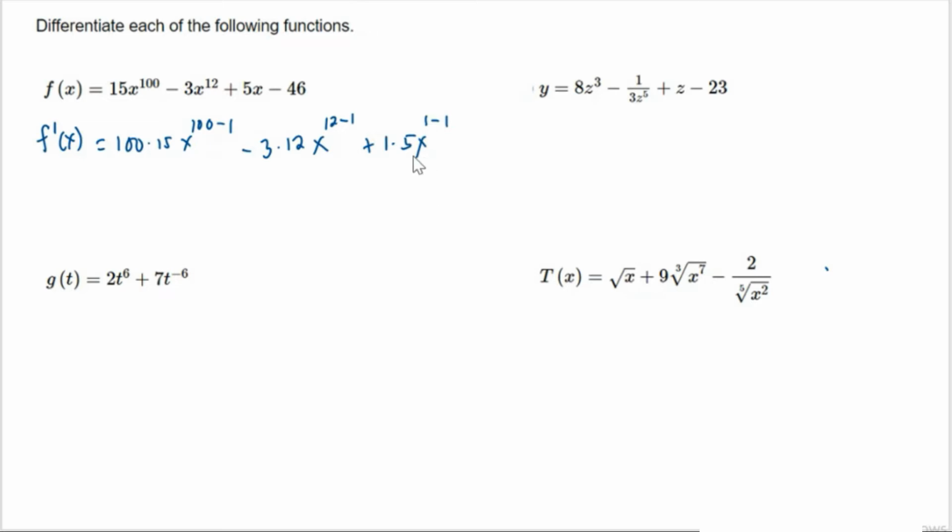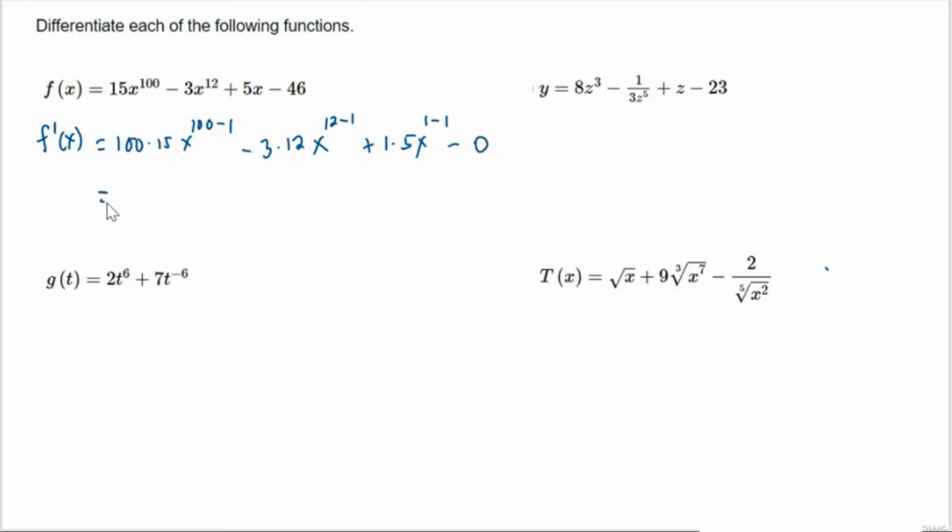Minus, and applying the first formula, which says that the derivative of a constant is equal to 0, the derivative of 46 now is 0.